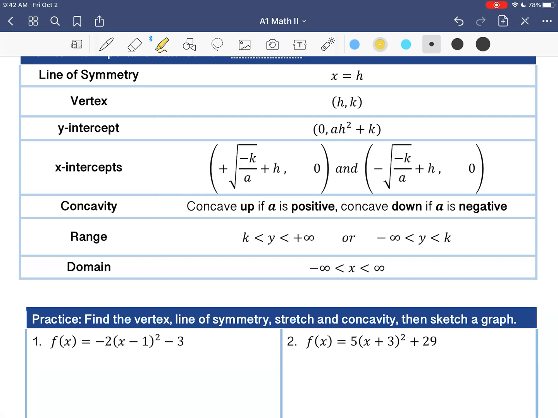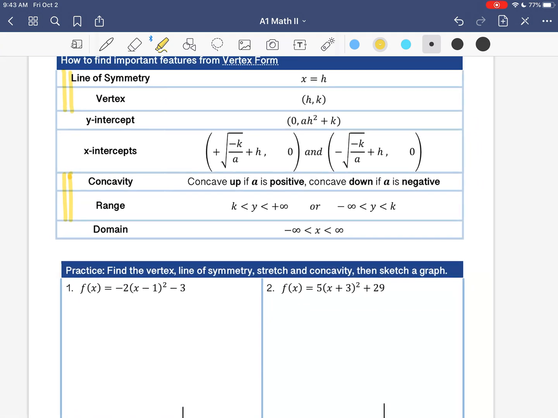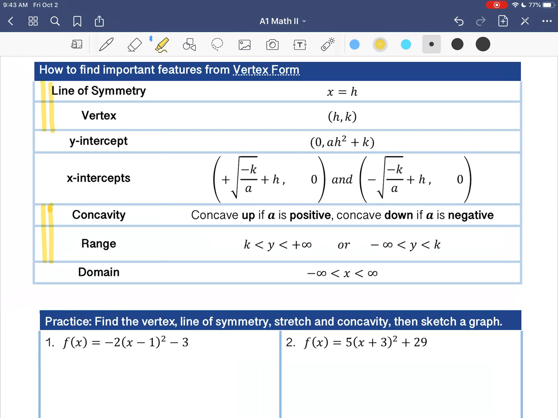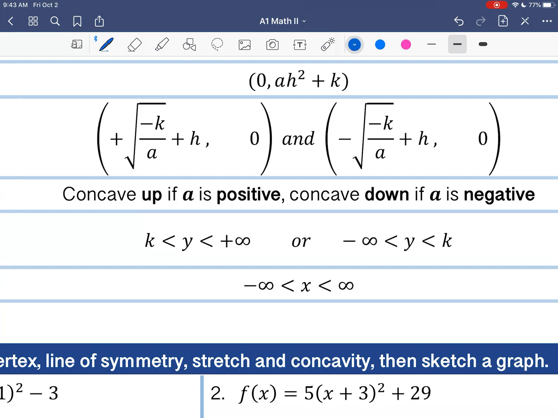So the important ones to know on this one are, I will double check this, the line of symmetry and the vertex, and the concavity and the range. So we haven't included range or domain in any of the ones so far. You might see that on your homework, but remember from last lesson that the range depends on where the vertex is and the concavity.